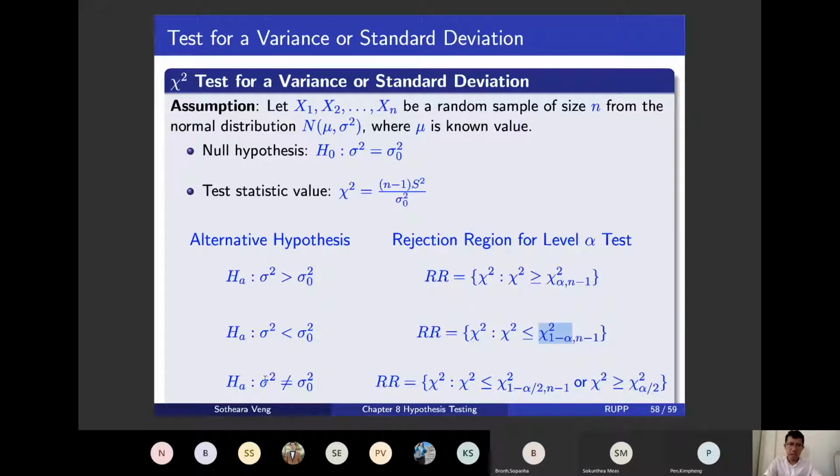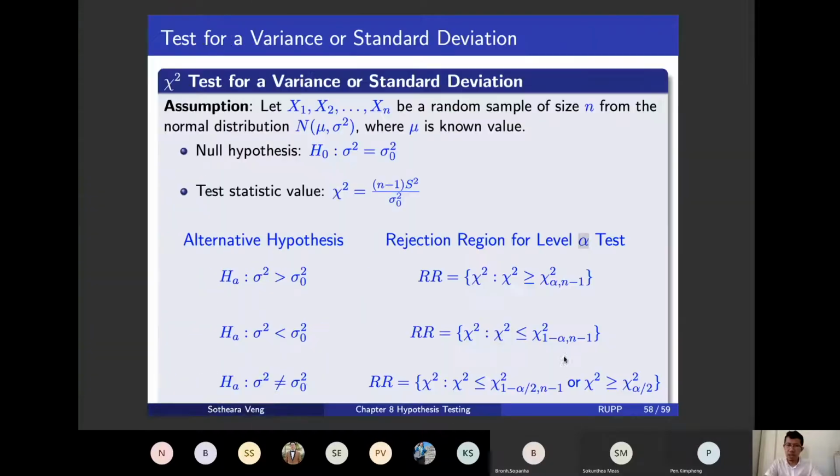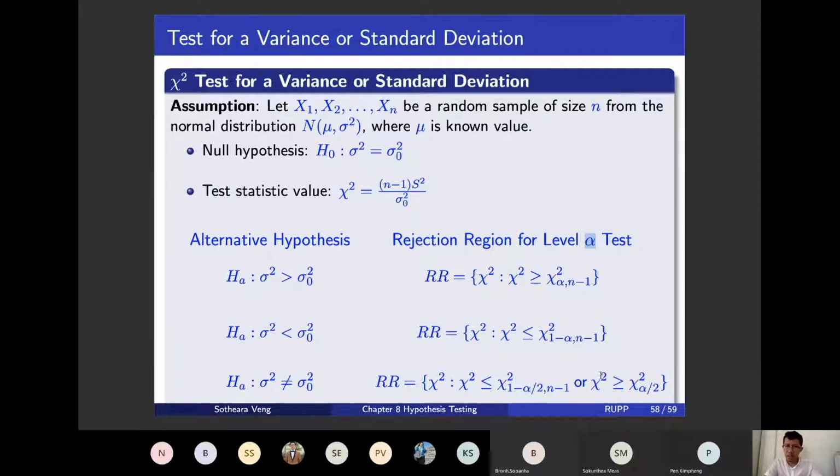And this is the case when we think of two tails, or both tails. When you specify the significant level alpha, you have to set the area to the left and to the right to alpha over 2. So the corresponding chi-square right is this one, chi-square alpha over 2.